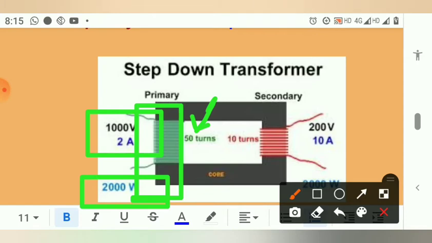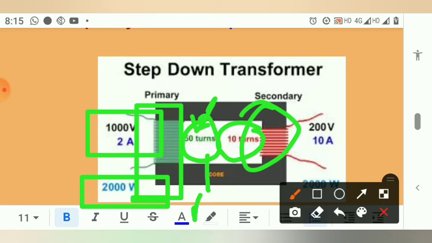Through the current passing, induction occurs on the secondary coil, and here the number of turns is 10. Here more turns, and here less turns.